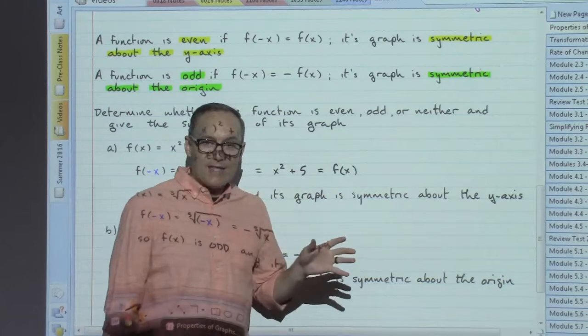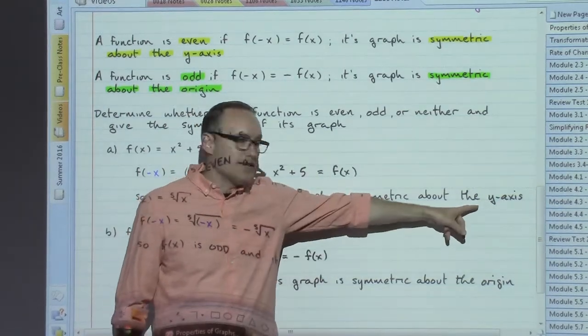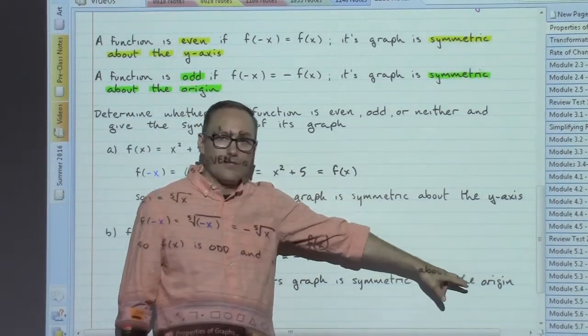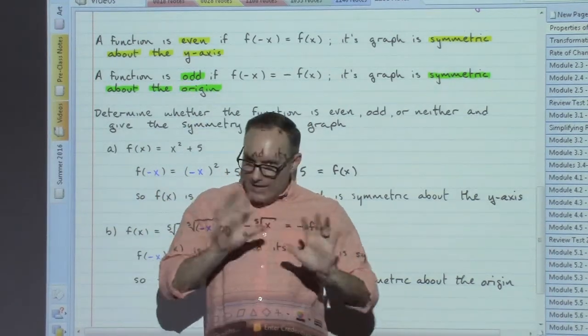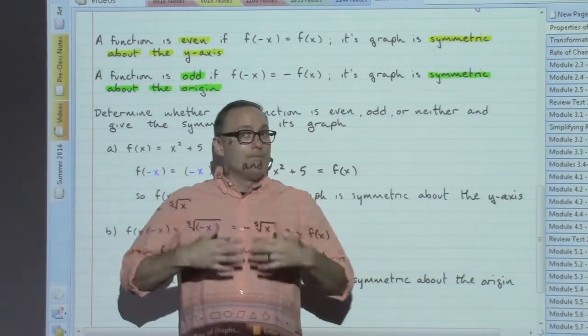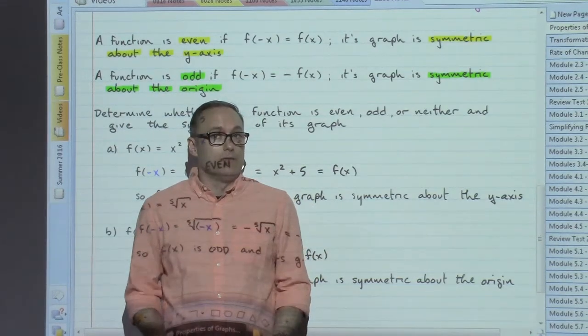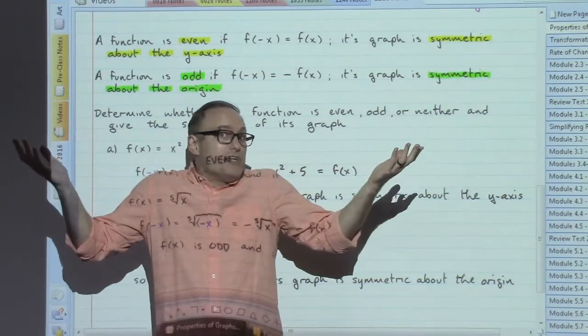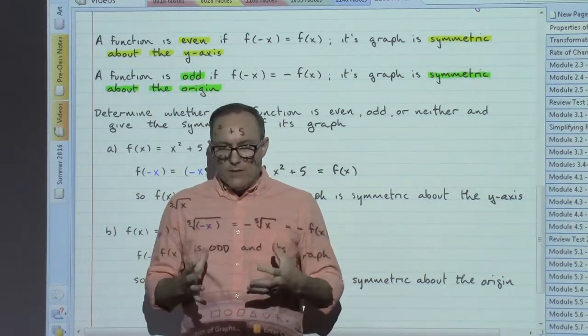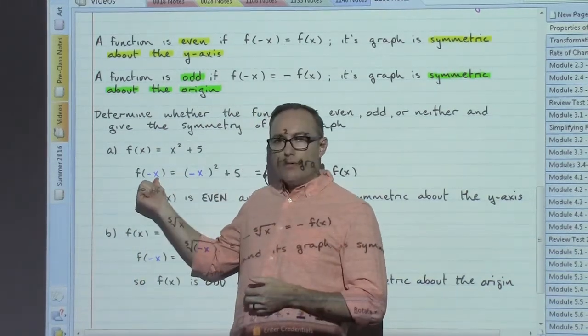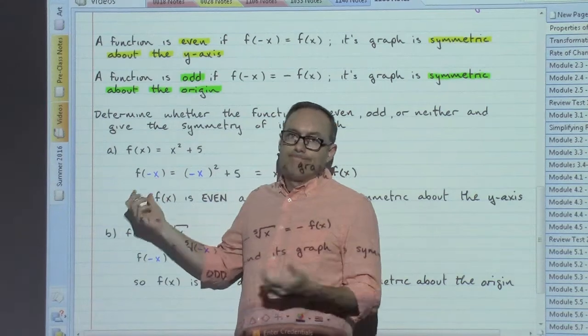We would say that the symmetry is neither about the y-axis nor about the origin. We can't necessarily say anything about any kind of symmetry that there might be. There might be symmetry. We just can't figure it out from that limited information that we've gotten by trying to take our function and plug in a negative x.